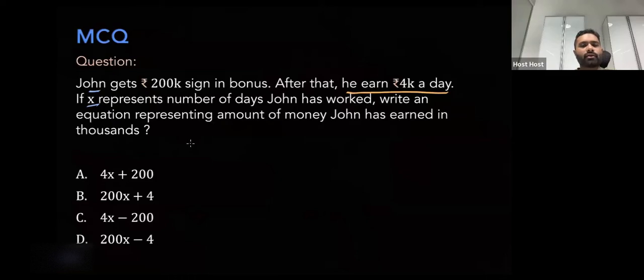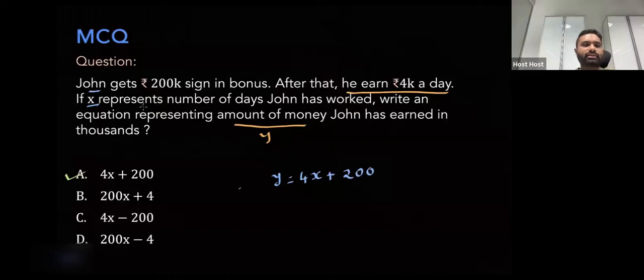So the amount of money John has earned, if I denote it using the abbreviation small y, then the equation corresponding to it will become y equal to what will be the multiplication value for small x? It will be 4, because as x increases, the money he receives will increase by 4. So it is 4 times x, plus no matter how many days he has worked, there will be some amount of sign-in bonus as well. So it will be 4x plus 200.